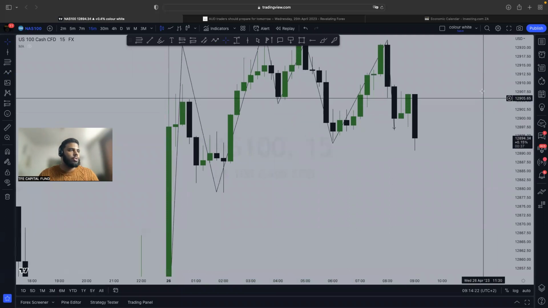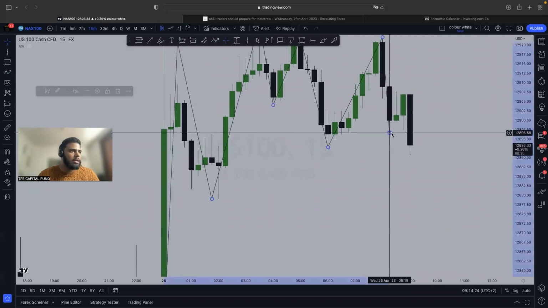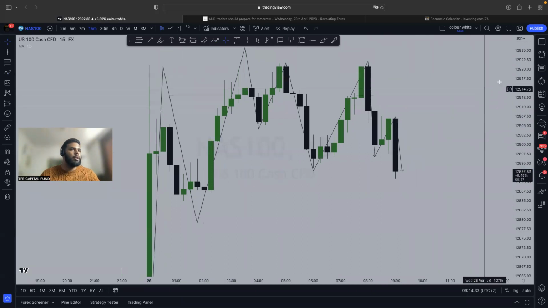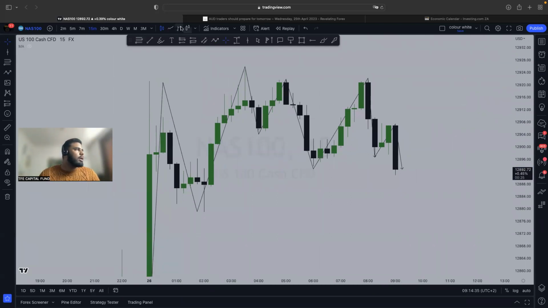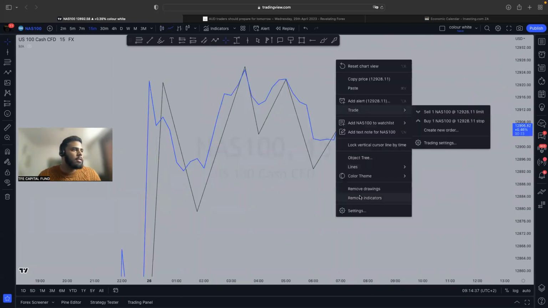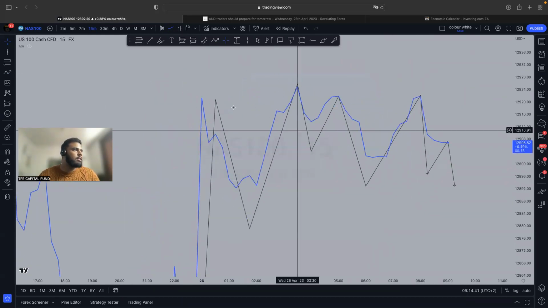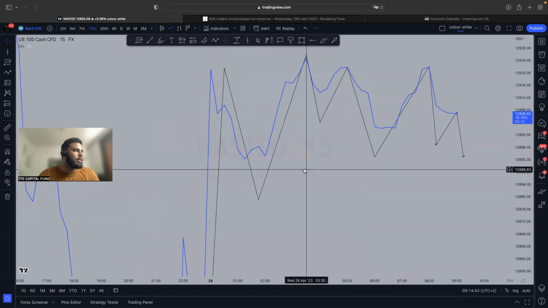So you can see this was what the market is doing. There's not equal highs, that is a higher low. Market goes over there, starts pushing lower. So now let's put up the line chart right there. Settings, make sure it's on highs. Perfect. Now let's put it all on the highs, equal as possible.